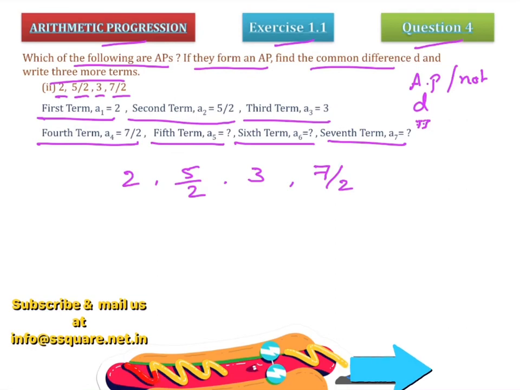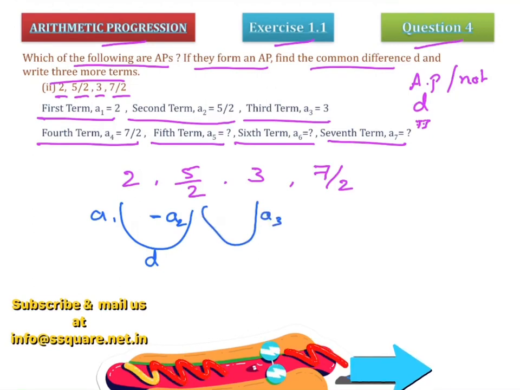So we have to find the common difference. Common difference, that is a2 minus a1. Okay, this is the D. To cross verify, we have to do this one also, that is a3 minus a2, D. If this D and this D are equal, then it forms an AP.